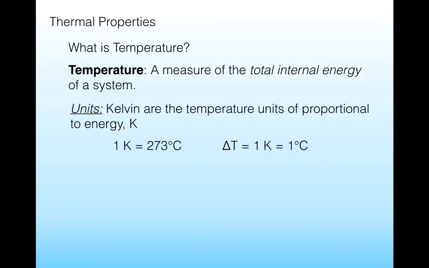Most interestingly is that 1 degree change in Kelvin is equal to 1 degree change in Celsius. So even though the scales are shifted, the change in temperatures are similar.